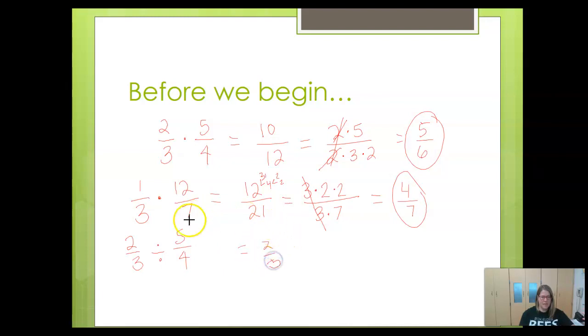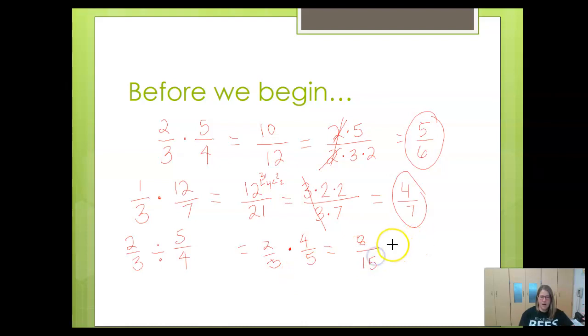The second one, the 5/4, is going to get flipped over. I'm going to use its reciprocal, okay? And then I'm going to change my divide to a times, because dividing by a fraction is the same as multiplying by its reciprocal. So on the top I have 2 times 4, which is 8. On the bottom I have 3 times 5, which is 15.